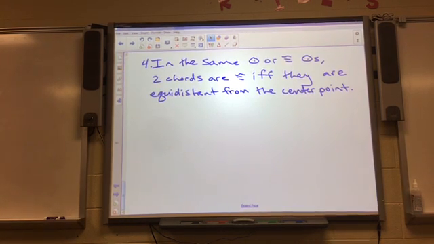In the same circle or congruent circles, two chords are congruent if and only if they are equidistant from the center point. Okay.